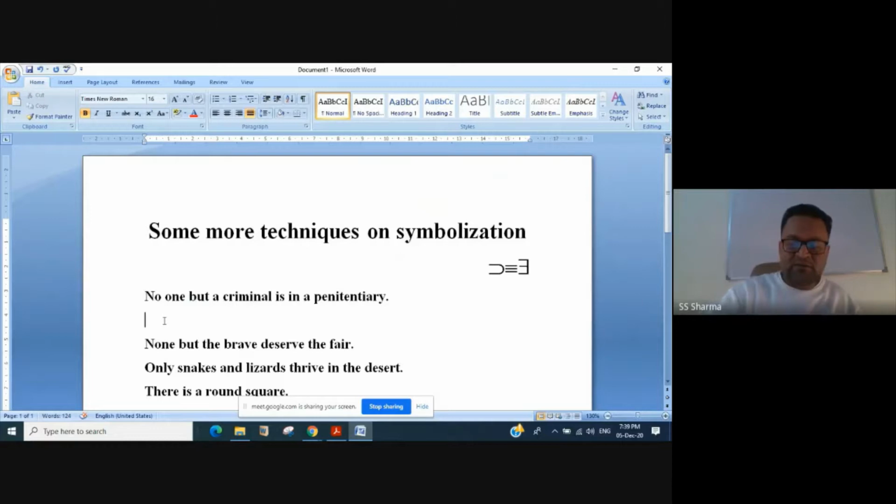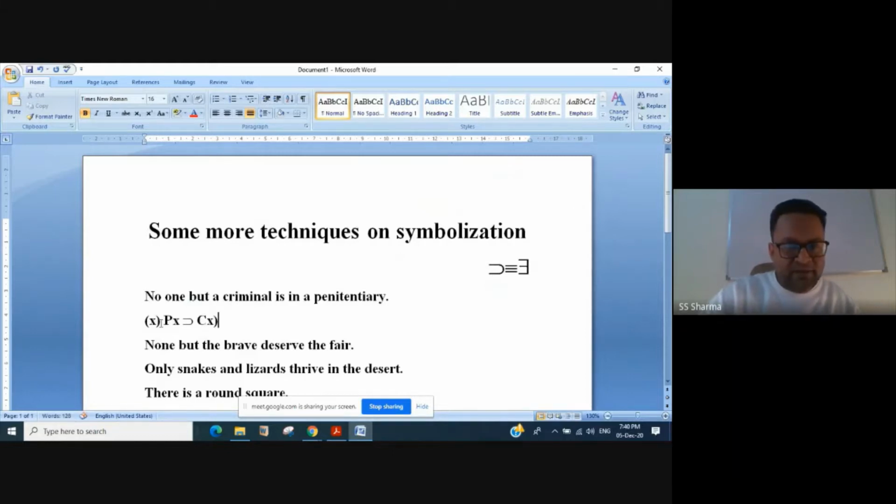So if we symbolize it, we will use the universal quantifier, and we will say: if x is in penitentiary, then it implies, I will copy this implication from here and put it here, that he is a criminal, right?